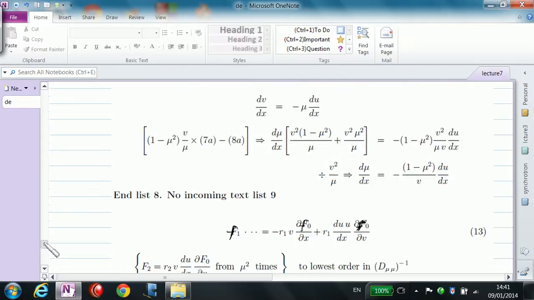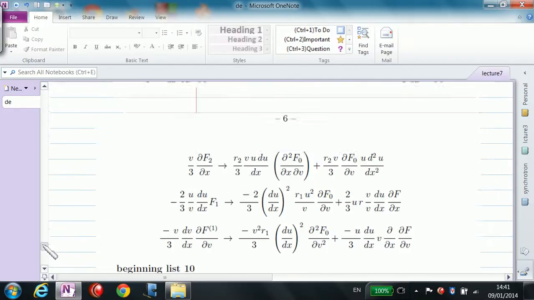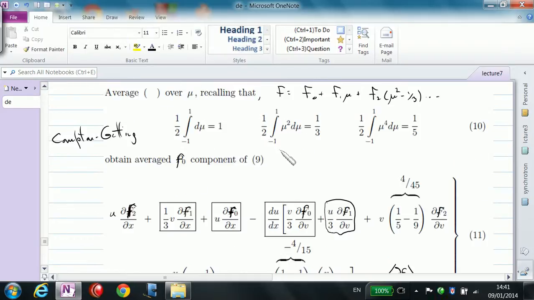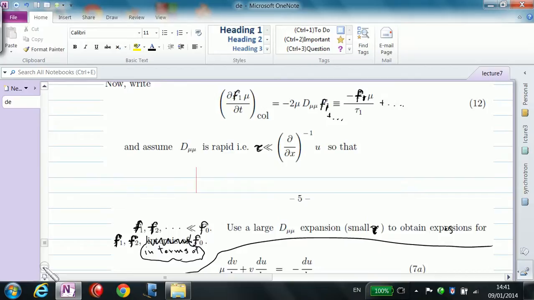Now I'm totally lost. Yeah. Okay. So there's also a term here that's equal to minus. It just disappeared. Where did it go?